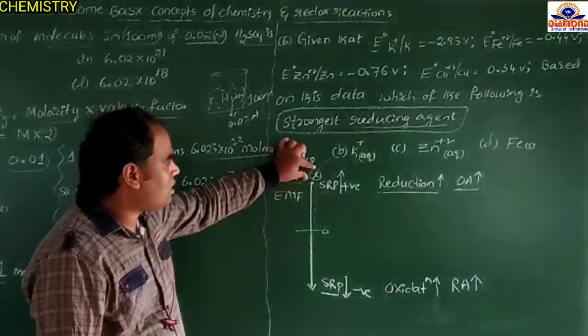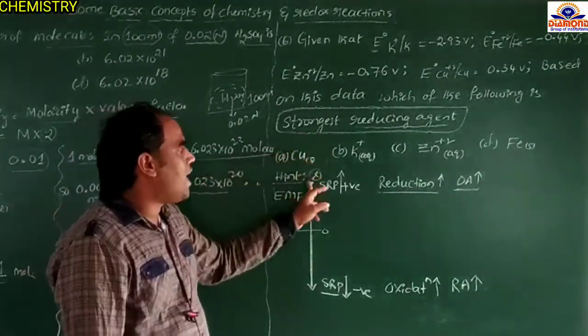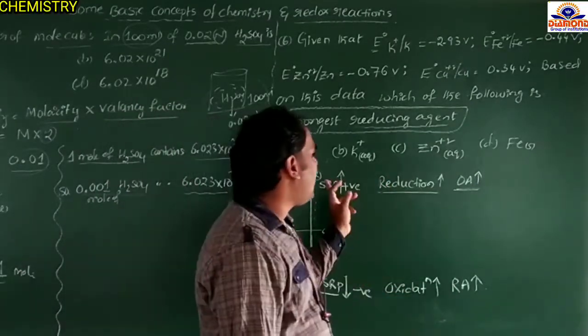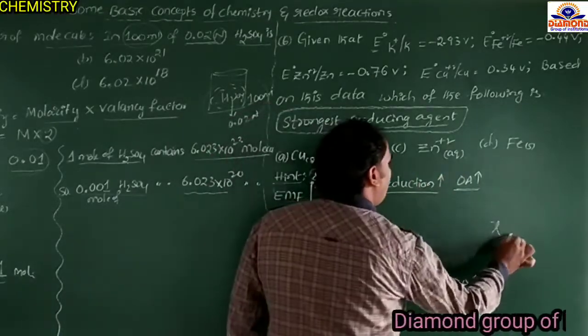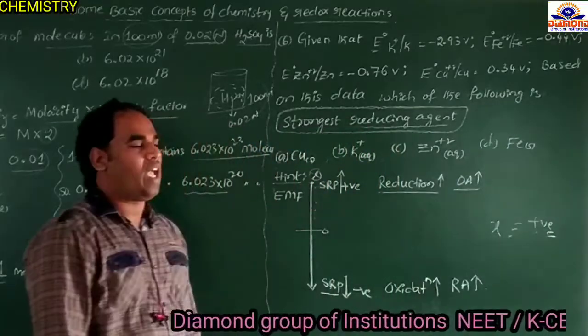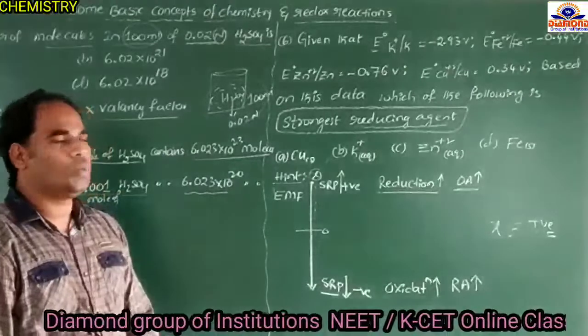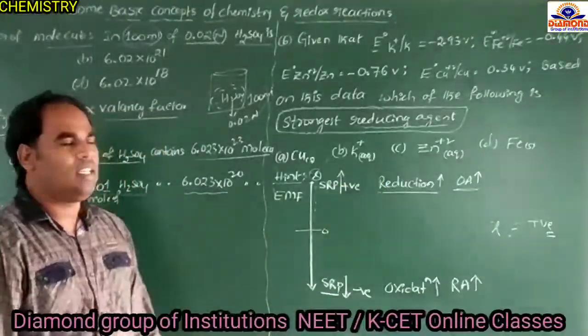So in the EMF series, the top element undergoes more reduction and is the strongest oxidizing agent. For example, if element X has the highest positive standard reduction potential value, then X acts as an oxidizing agent.